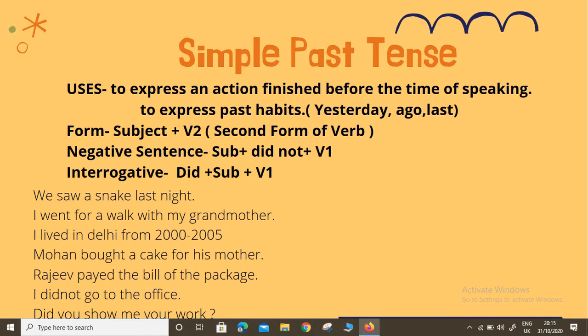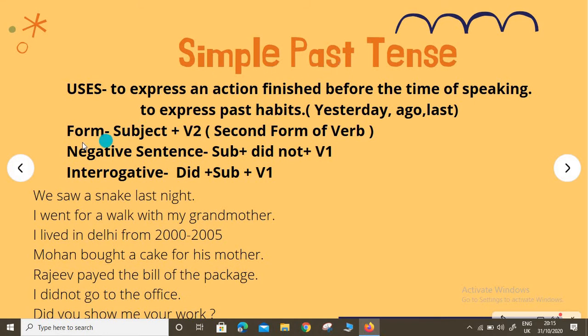For example, my father came back home yesterday. Or it expresses a habitual or regular action in the past. For example, Gandhiji always spoke the truth. So these are some of the ways in which we use simple past tense.